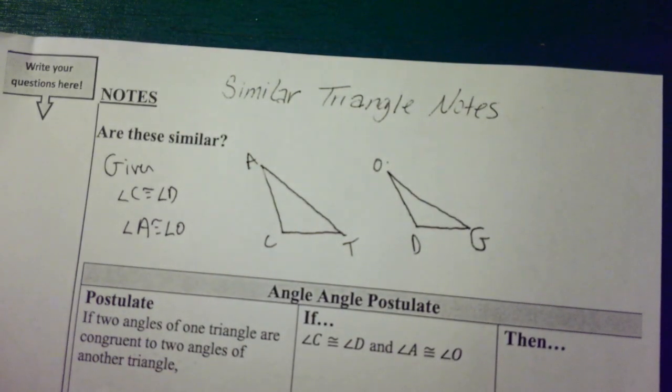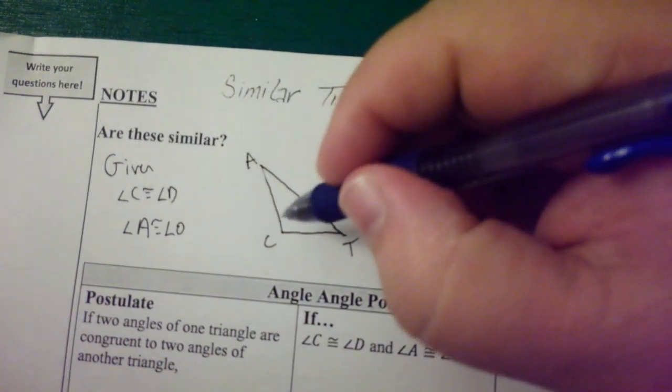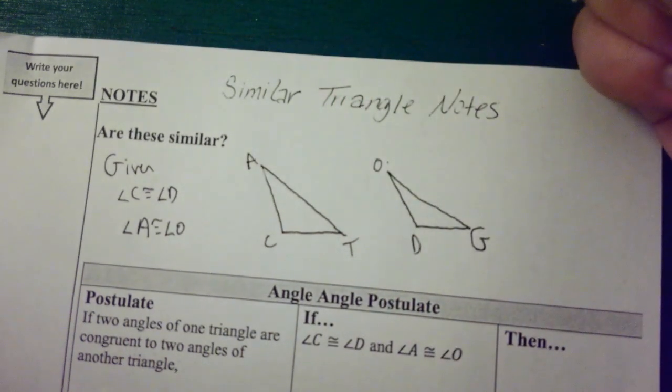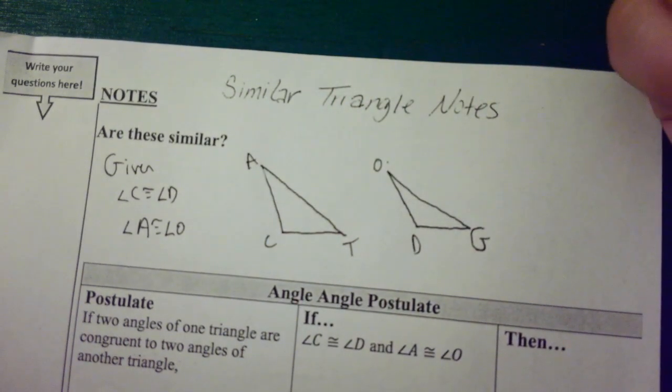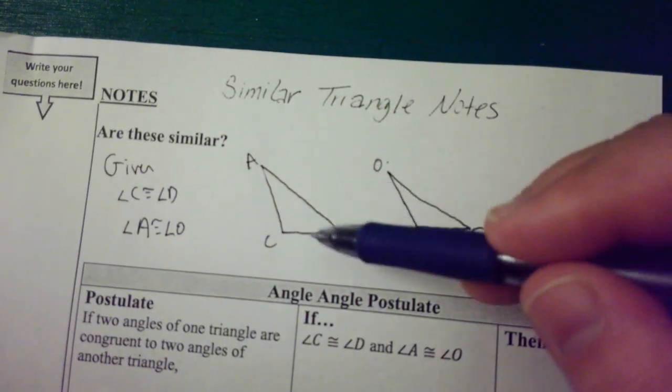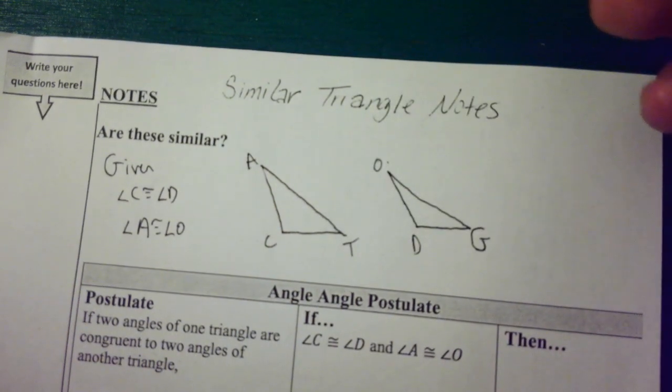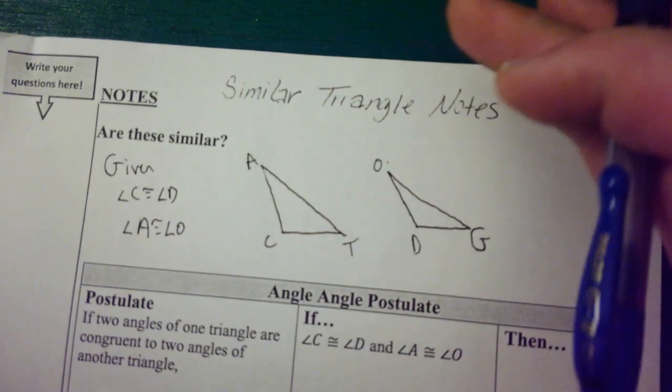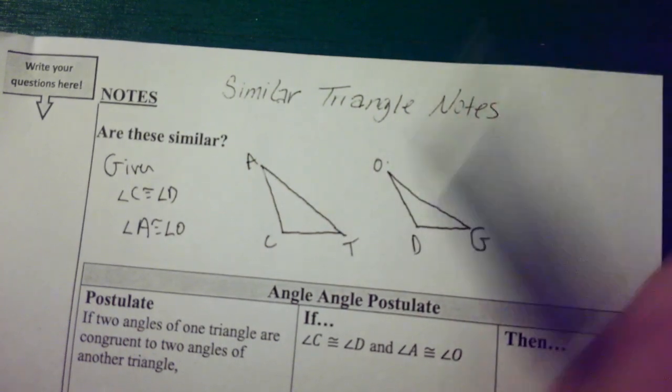Well, if you can remember this far back, to our discussion on congruent triangles, one of the ones that didn't work was angle, angle, angle. What we figured out, though, is that all the triangles there were similar. They all looked the same, just bigger and smaller versions of each other.